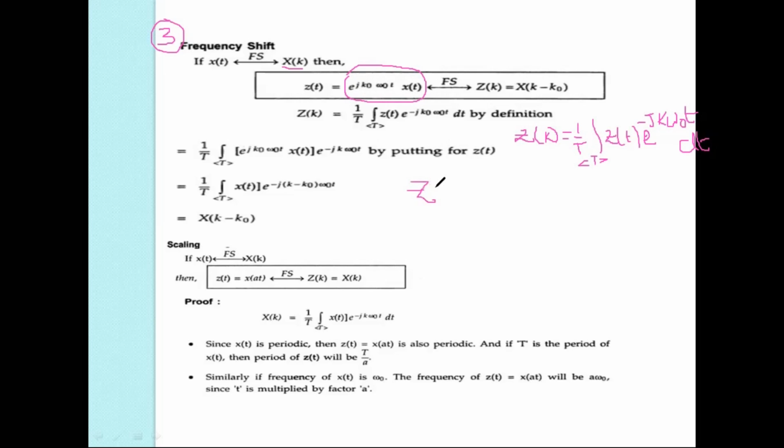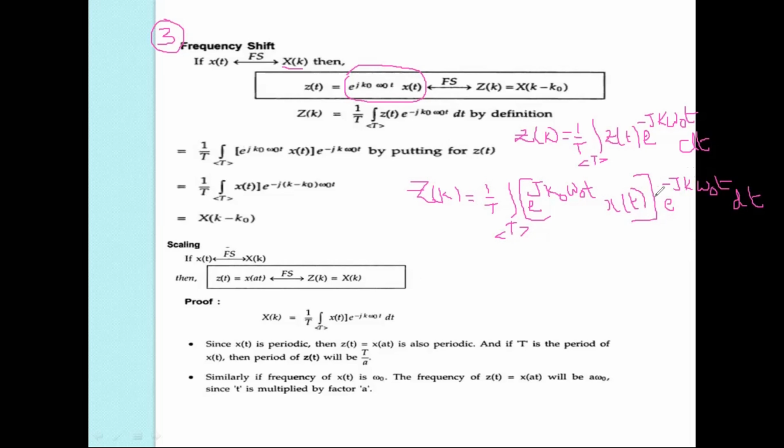So z of k is equal to 1 by T, the integral over T, this is z of t here, e power jk naught omega naught t into x of t, whole multiplied with, because this is z of t only, another function here, e power minus jk omega naught t dt.